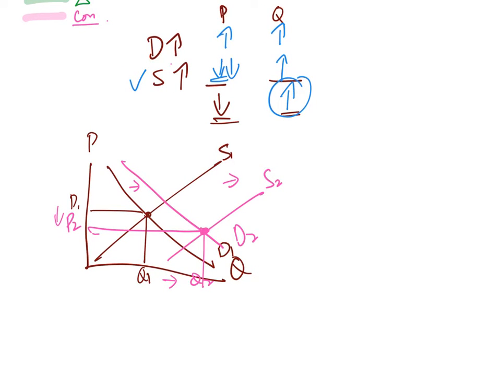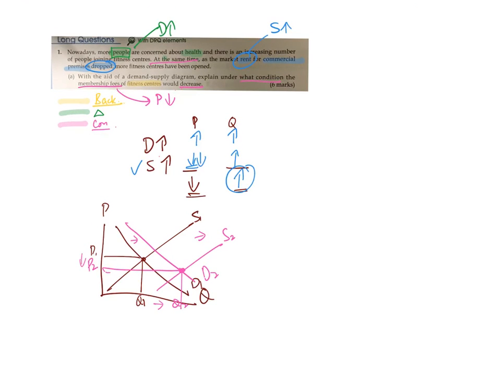I recommend you draw the diagram first, and then write down the elaboration. Actually we got 3 marks already, so we try to write the elaboration here. In the elaboration, we have to connect the causes and the effects.